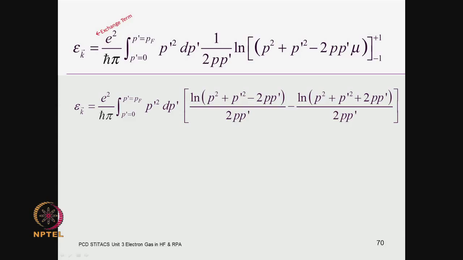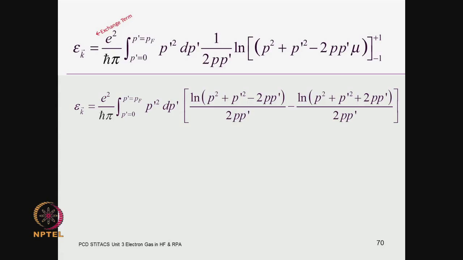So now let us put the limits. Mu equal to +1 will give you the logarithm of p square plus p prime square minus 2 into p prime with mu equal to +1. So that is the first term that you get, and from this you subtract the second term corresponding to mu equal to -1, which multiplies this -1 and gives you a plus sign over here.